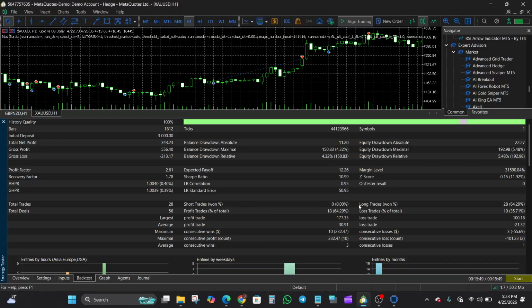There were no short trades. So out of the entire long 28 trades, 64.29% were profitable. And then we can also see that the largest profitable trade was $177.35, and the largest losing trade was $100.18. The average profit trade was $30.91. Average losing trade was $21.32.